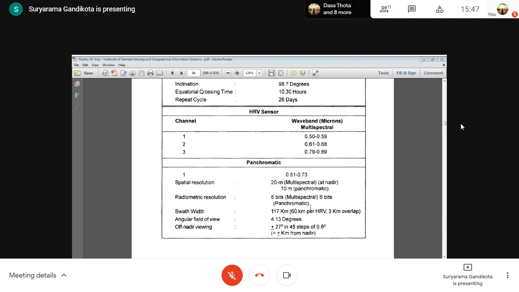Next one is panchromatic, spatial resolution, radiometric resolution, along with the angular field of view at nadir. Next one is spatial resolution, radiometric resolution, along with its angular field of view.